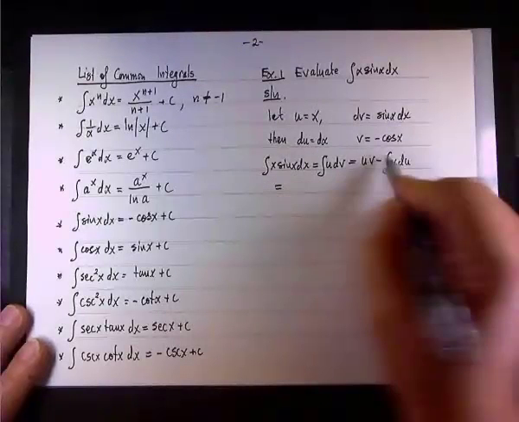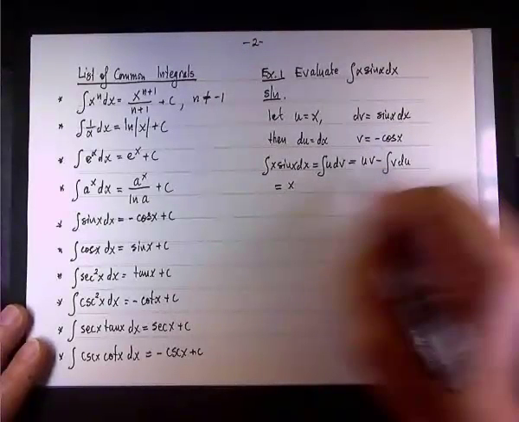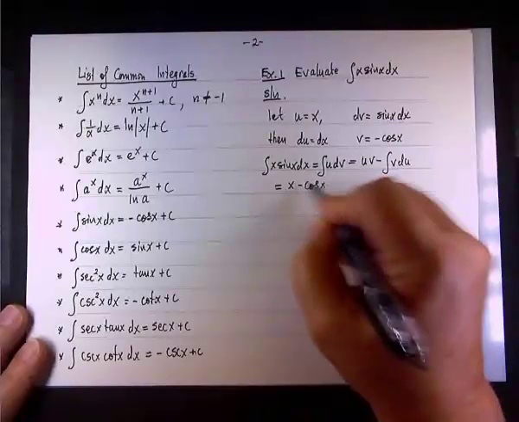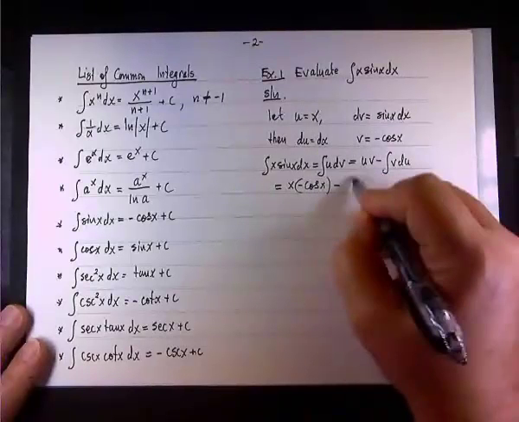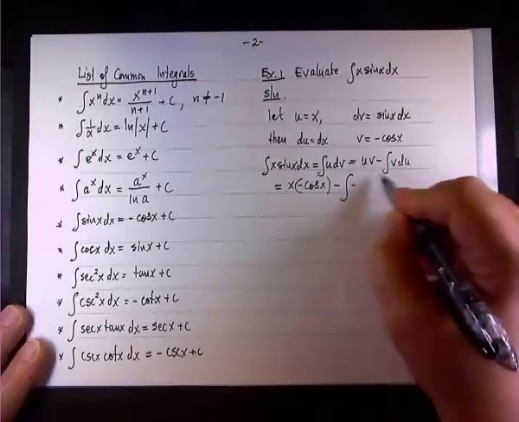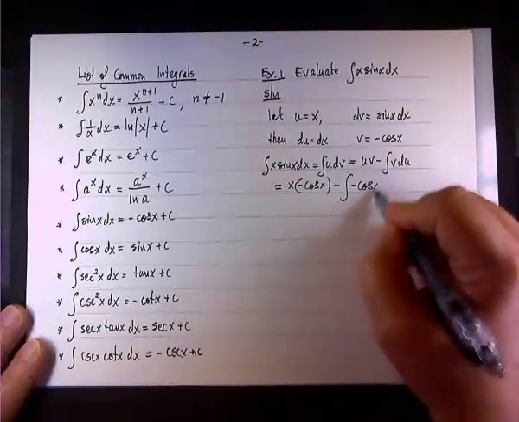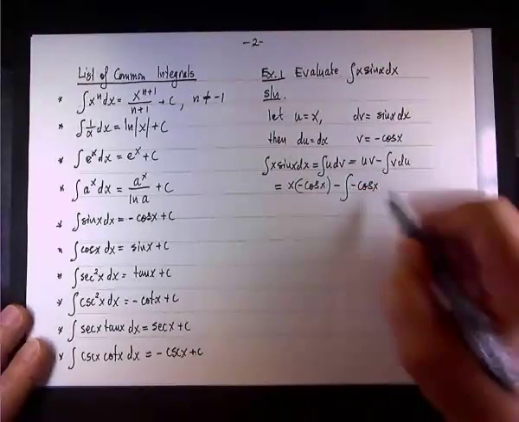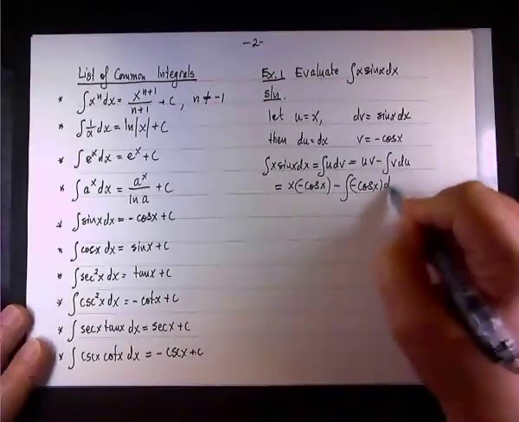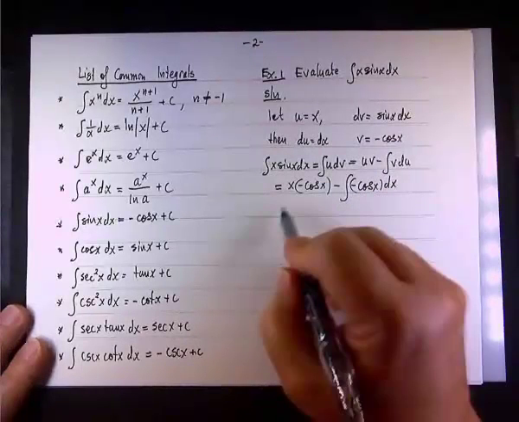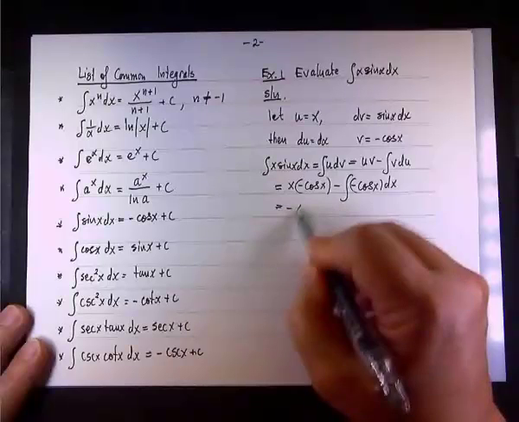So now I need to replace uv and the integral. This will be equal to u times v, which is x times negative cosine x, minus the integral of v, which is negative cosine x, times du, which is dx.